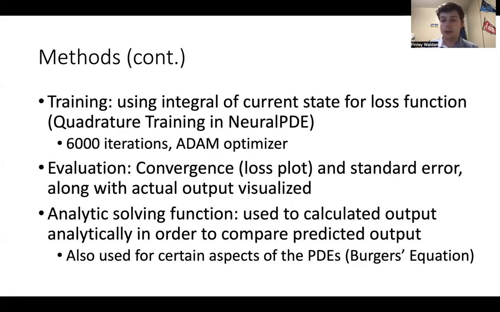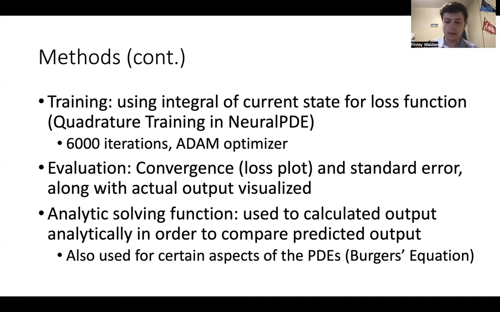The analytic solving function, which is a main strength of Julia in this due to its capabilities in mathematical calculations, analytically solves the equation and generates the output. So it's an analytical way to perform the generative modeling without the neural network, and it's used to verify the efficacy of the neural network through the error.